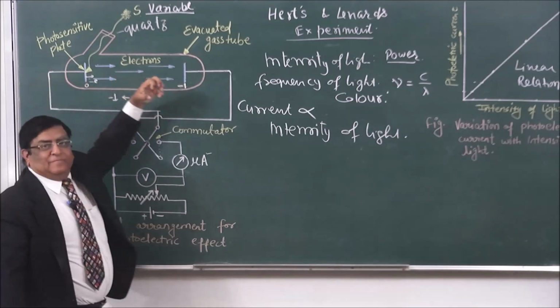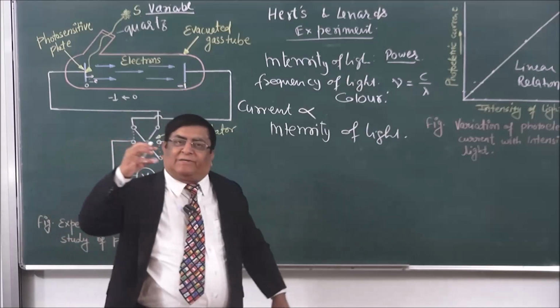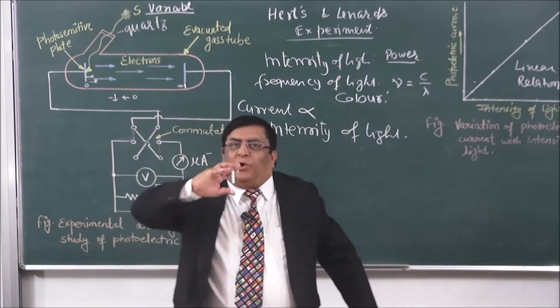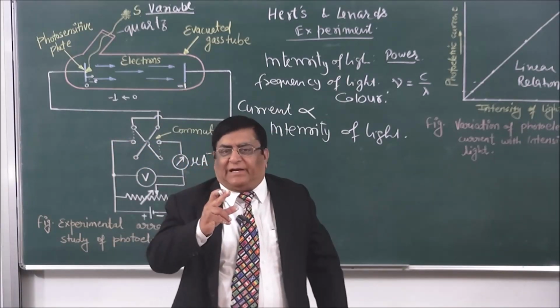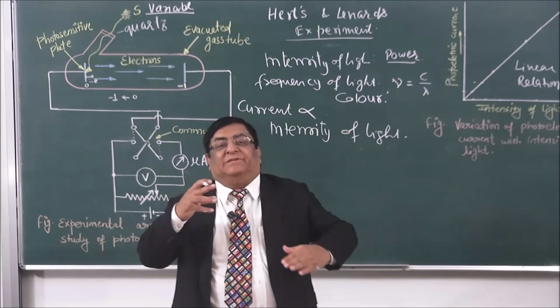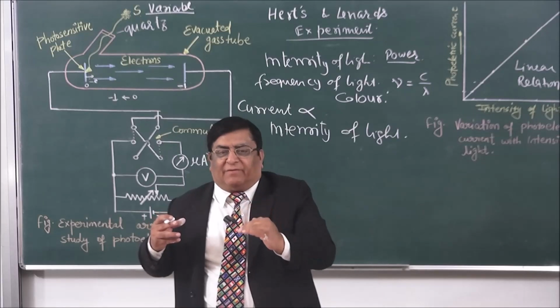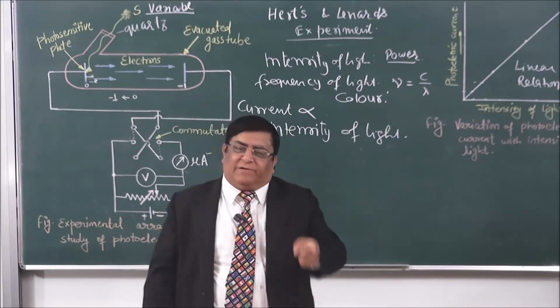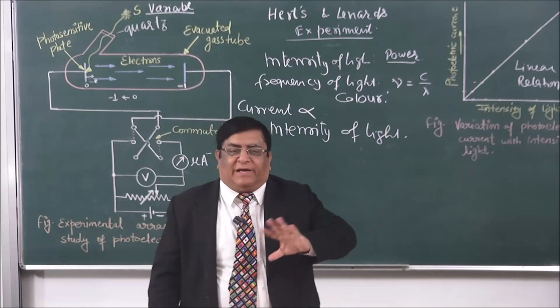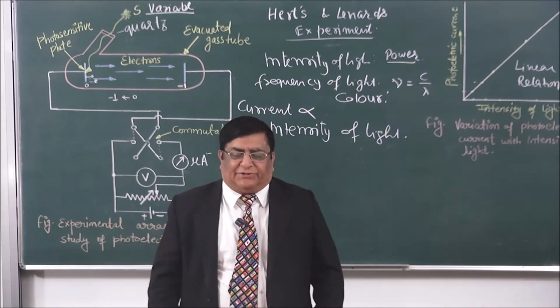From here, there are 100 electrons going out. All are not having similar energy. Some have energy level 10, some have energy level 5, some have energy level 1. I will tell you the reason for that, why they have different levels of energy.